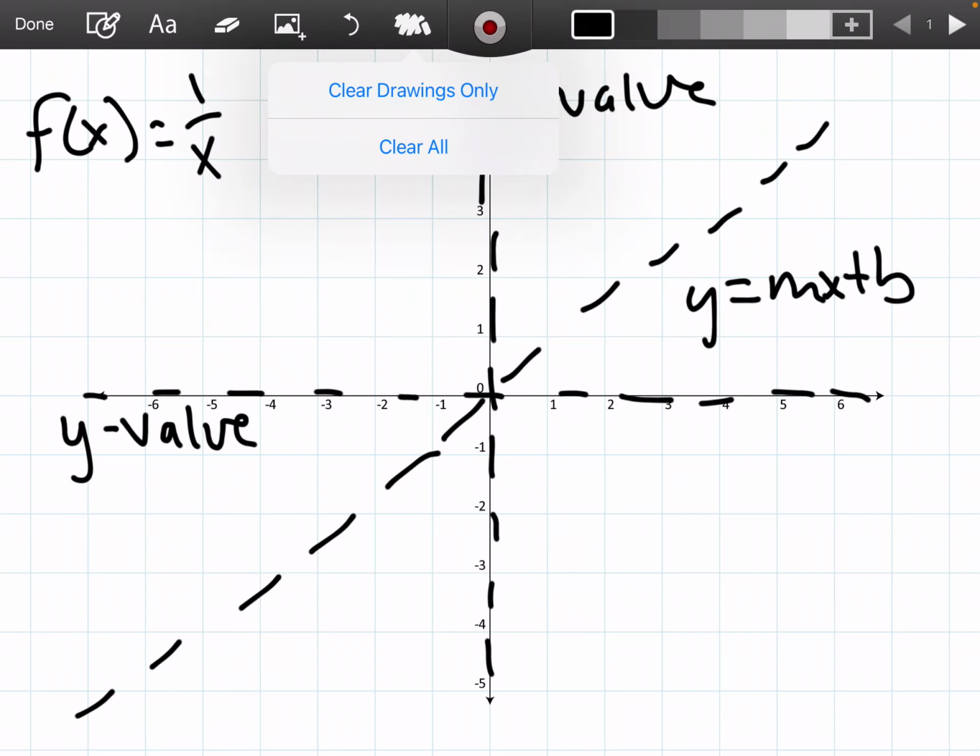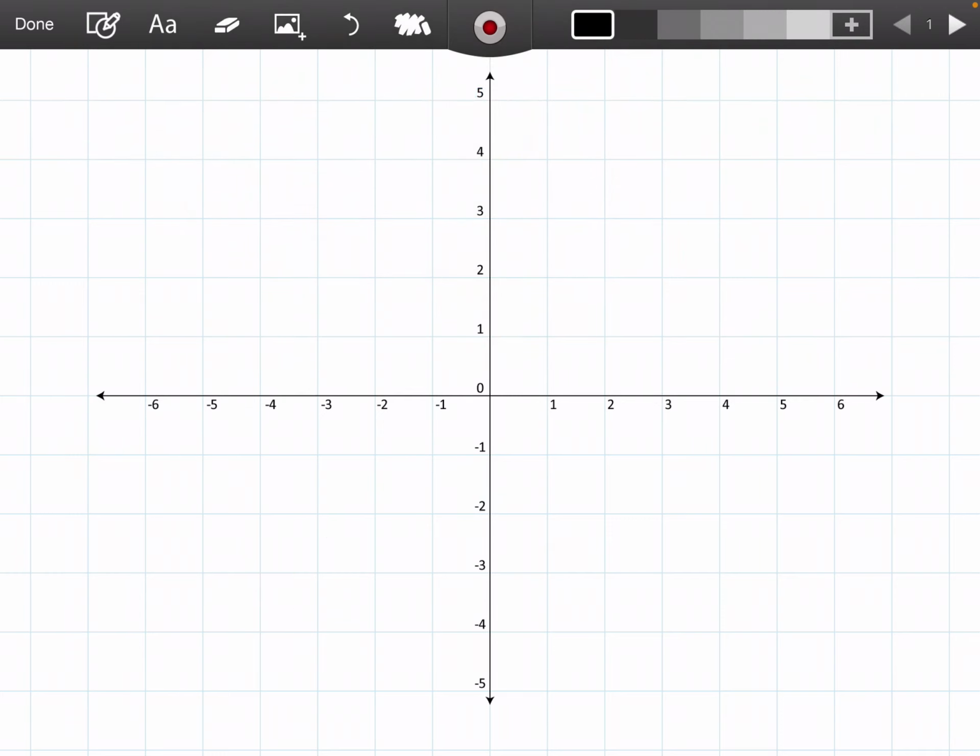Now, back to our base rational function. Our rational function will have a vertical asymptote at 0 and a horizontal asymptote at 0.